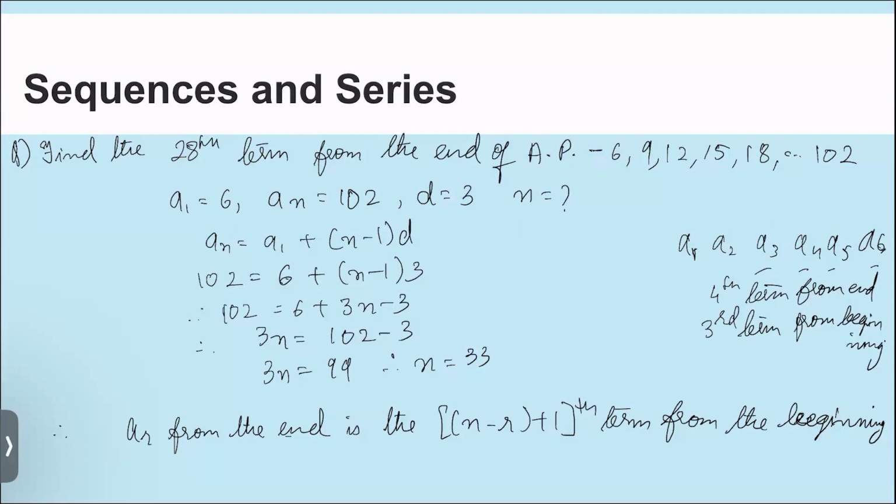If you just directly do N minus 4, you will get 2, which is wrong. It is not the second term, it is the third term. That's why you calculate N minus 4 plus 1, and that gives you the correct position of the term. So AR from the end is the (N minus r plus 1) term from the beginning.